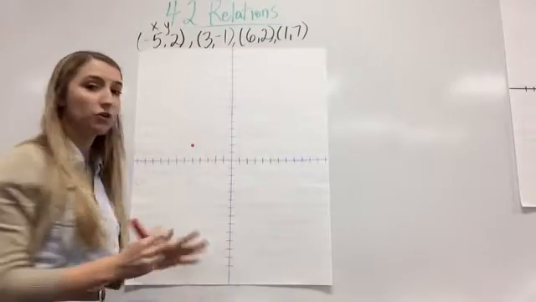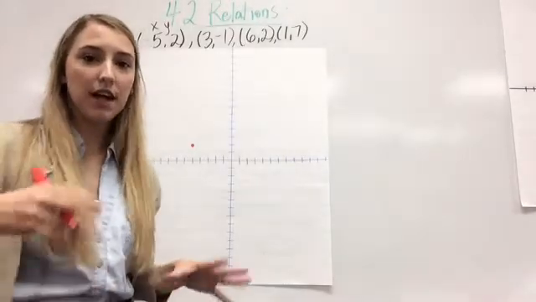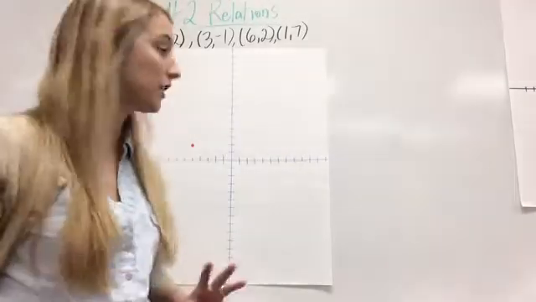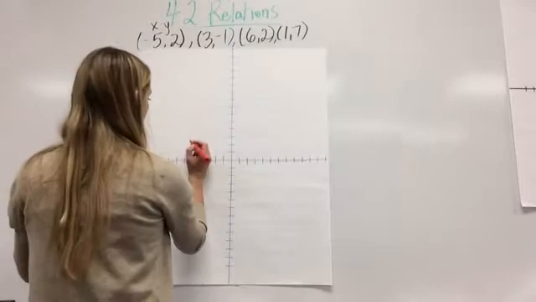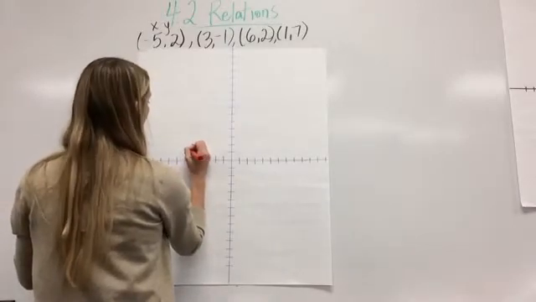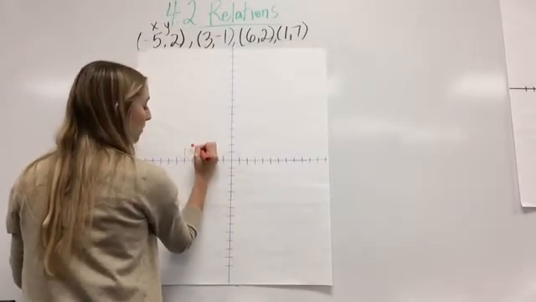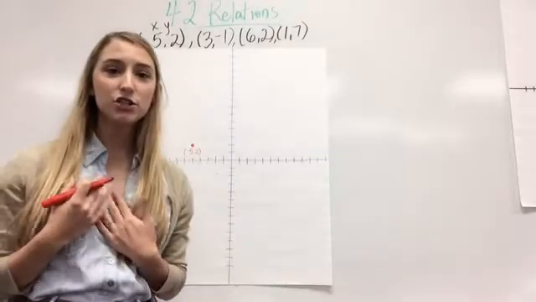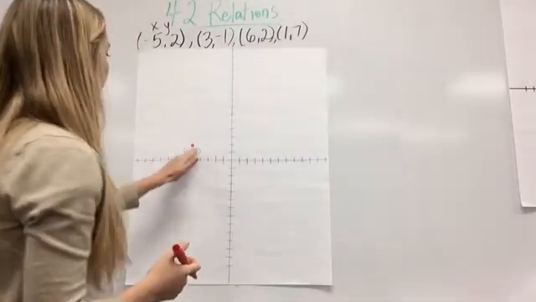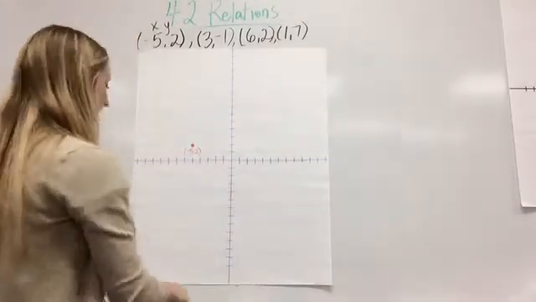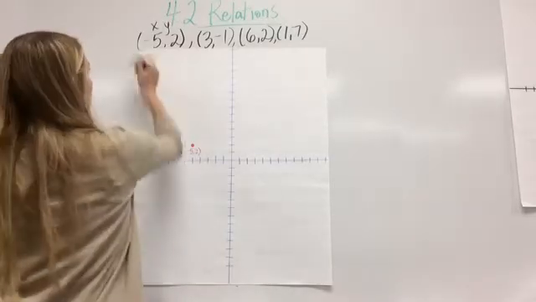So please go ahead and graph this with me with the coordinate plane that you have already in your notebook. And you don't have to write what the point is next to it, but I like to just because it helps me. I can see which point I did, and I can check my answer later.